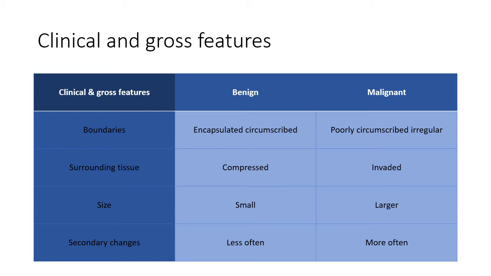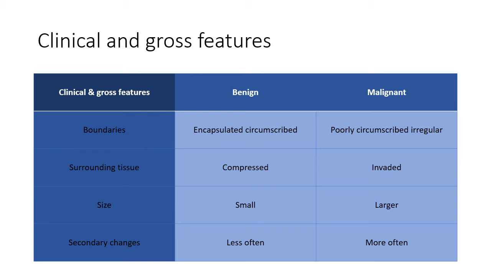So benign tumor just compresses or pushes aside the surrounding tissue, whereas malignant tumor invades or infiltrates the surrounding tissue. The surrounding tissue is also affected. The surrounding tissue also becomes cancerous. But in benign tumor, the tumor is well circumscribed. It only pushes the surrounding tissue aside.